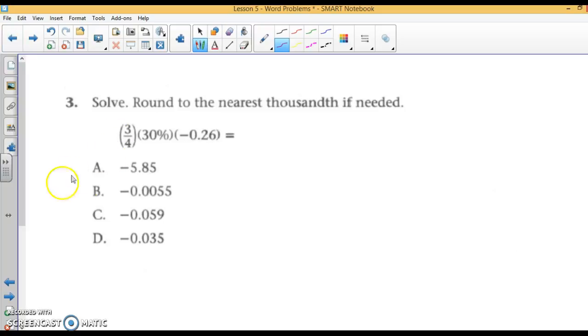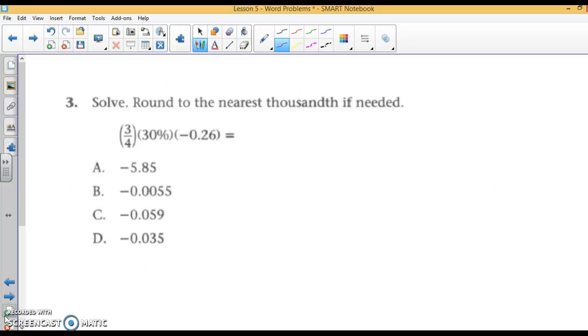All right. We have 3/4 times 30% times negative 26 hundredths. If you look at this, we've got a fraction, a decimal, and a percent. In order to multiply them, they need to all be the same. I'm looking at the answers, they are all decimals.